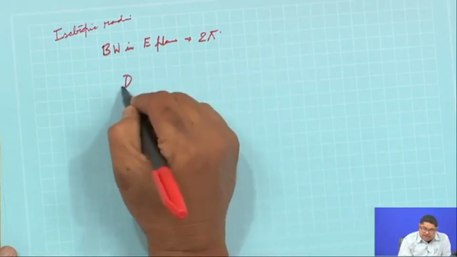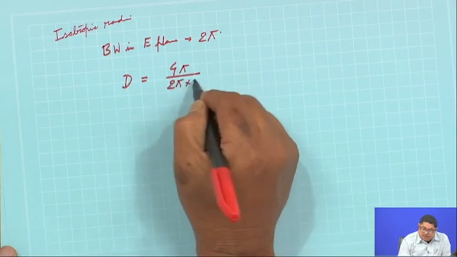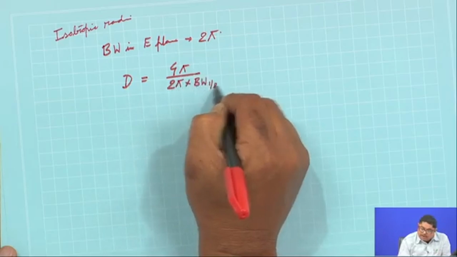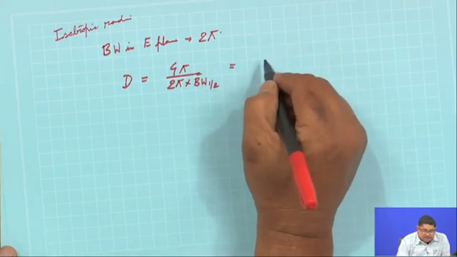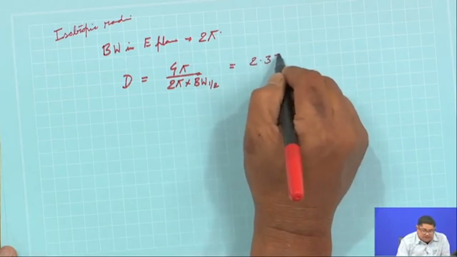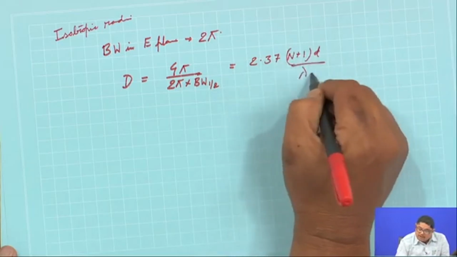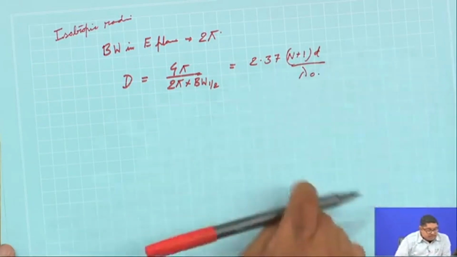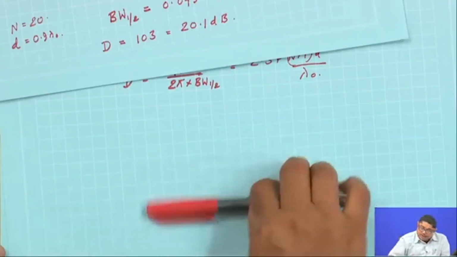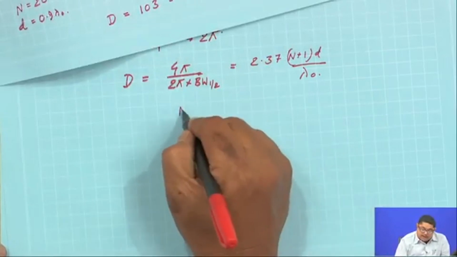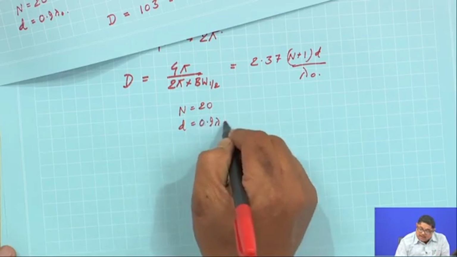So, we can say D will be 4 pi by 2 pi into whatever is the array's beam width. So, this will become 2.37 (n+1) d by lambda naught. You can put those values again, that n is equal to 20 and d is equal to 0.9 lambda naught.